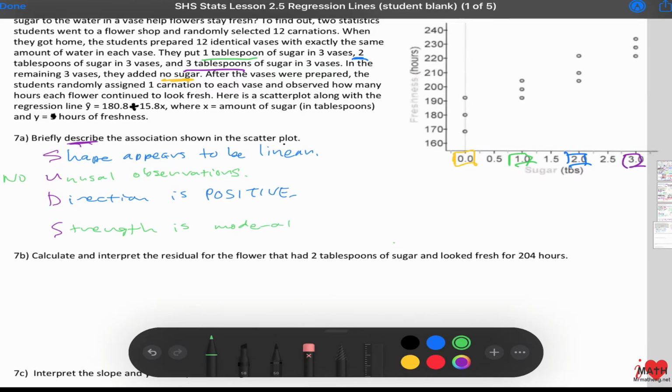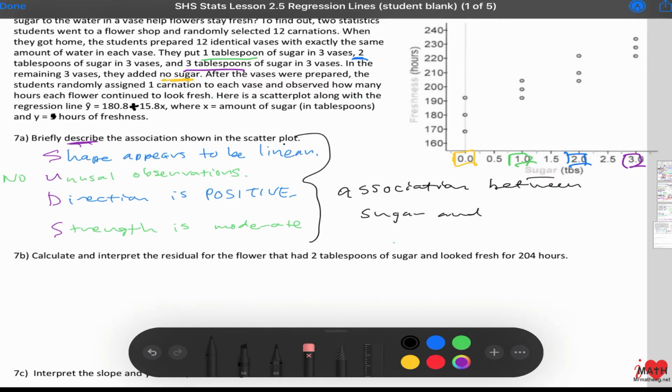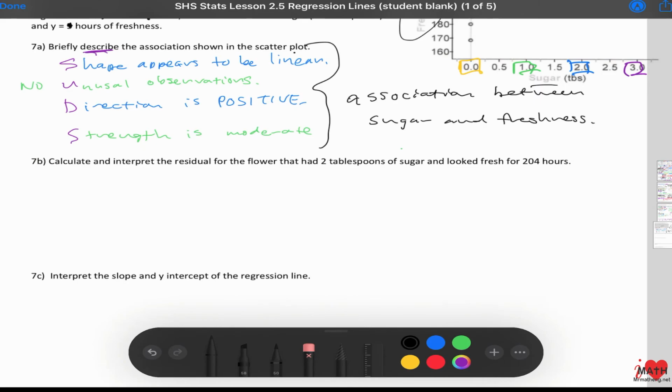It's moderate. And then all of that is an association between, what do we have? Sugar and freshness. So that was a review question from previous chapter 2 material.